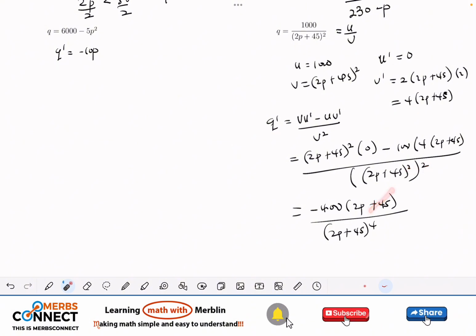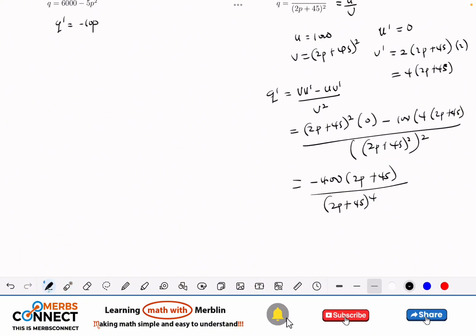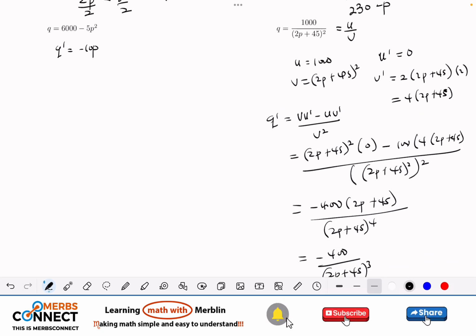Then one of this, we can cancel one of this. So we are going to have the derivative to be minus 4000 divided by (2P plus 45) all to the power 3. So this is my Q prime. So let me finish up doing this because I think it's going to be complicated. So what is this?